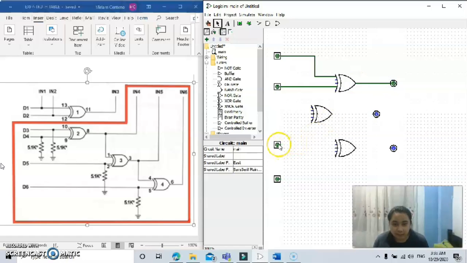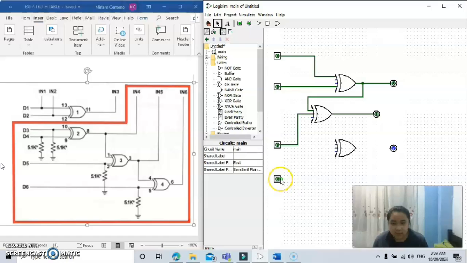Now for input 5, it is connected to the second XOR gate, pin 2, and pin 1 of the second XOR gate is connected between pin 8 and output number 4. Then pin 3 of the second XOR gate is connected to output number 5.